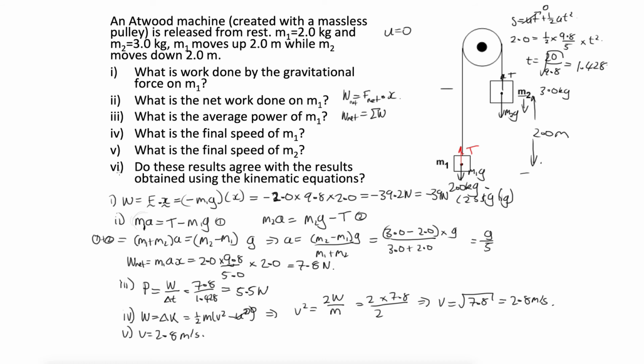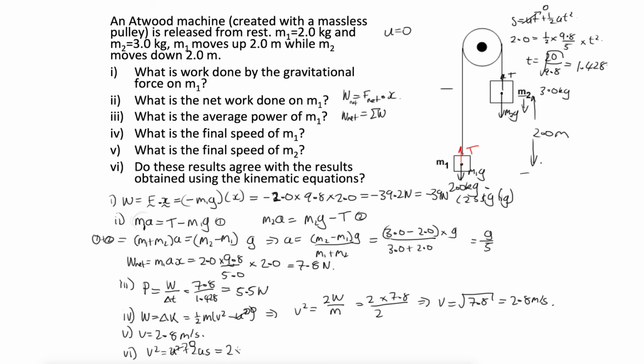And then part 6: do these results agree with the results obtained using the kinematic equations? So we're basically asking, does this speed agree? For that one, let's use the kinematic equation v squared equals u squared plus 2as. And so u squared is 0.